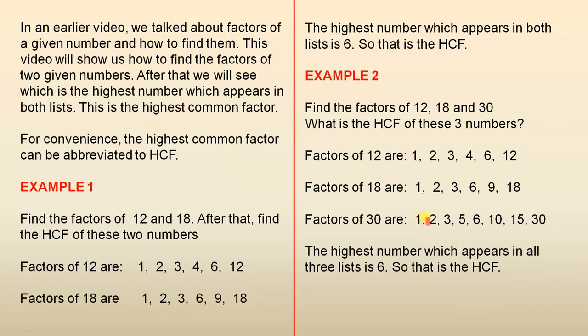So if you divide any of these numbers here, for example, into 30, they go in evenly, no remainder. The highest number which appears in all three lists is 6. So here, here, and here. That number appears in each of those lists, so that is the highest common factor.